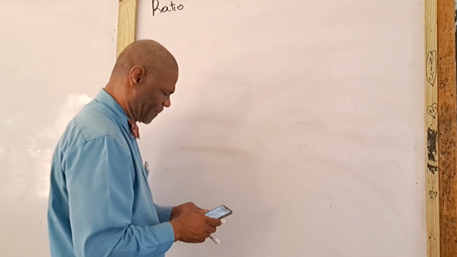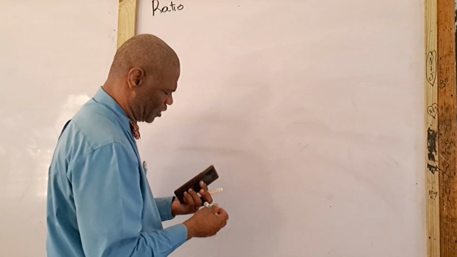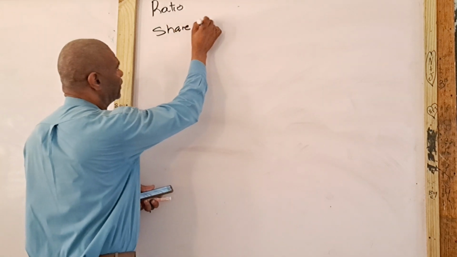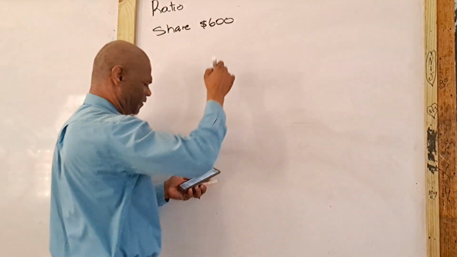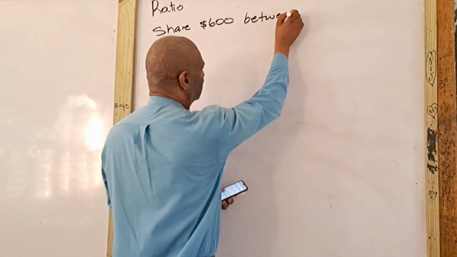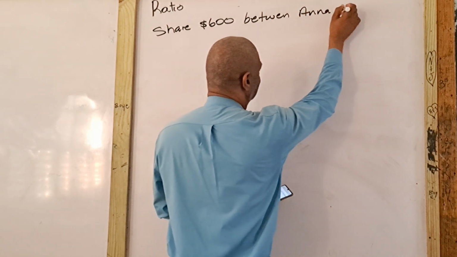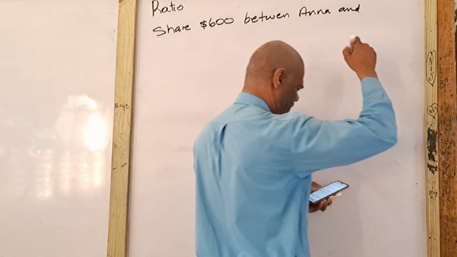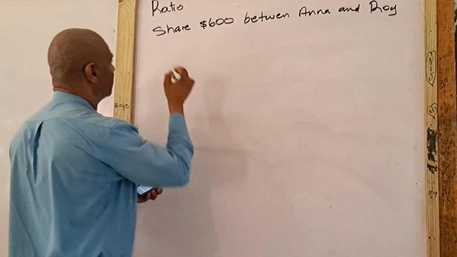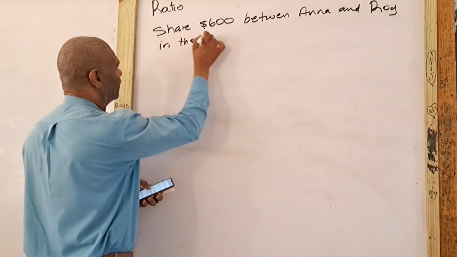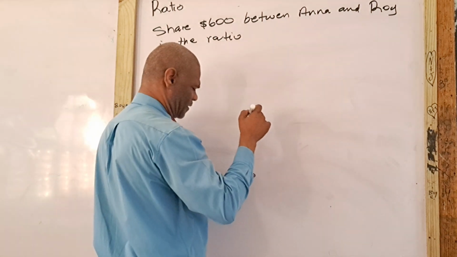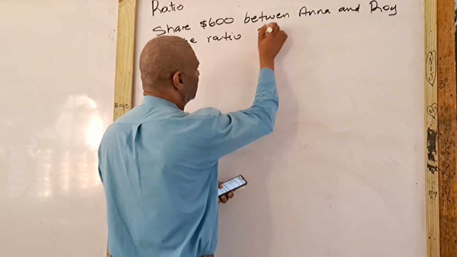So share $600 between Anna and Roy in the ratio 3:7.